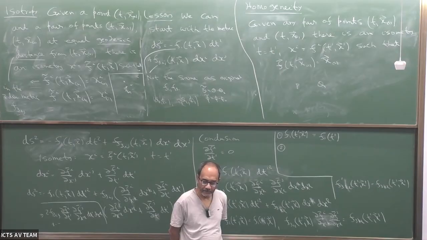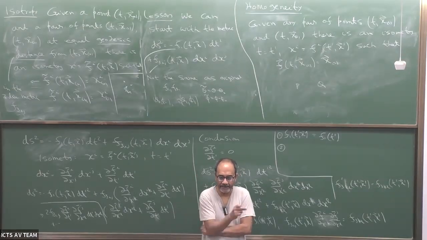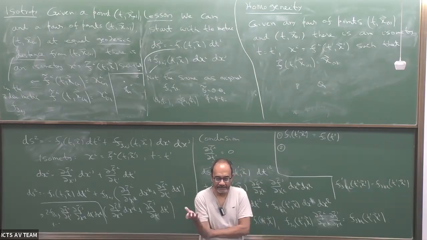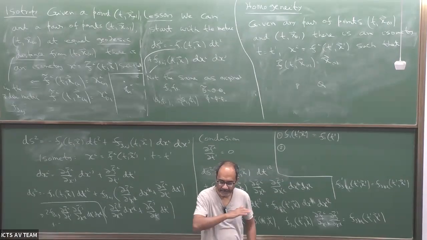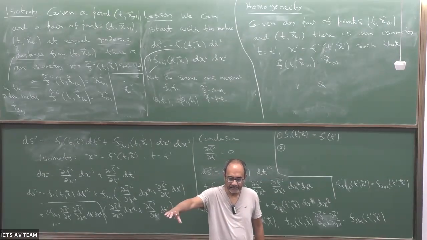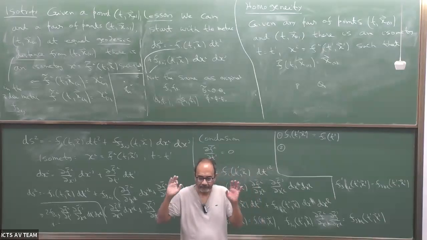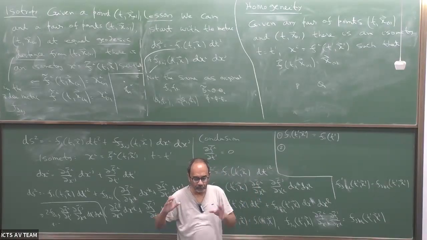Now isometries include transformations that implement homogeneity: given any two points, there is an isometry that relates one to the other. It also implements isotropy, because given three points, two of which are equidistant from the third one, there is an isometry that takes you from the first to the second. So this means that the three-dimensional space, forgetting about time altogether, is homogeneous and isotropic.